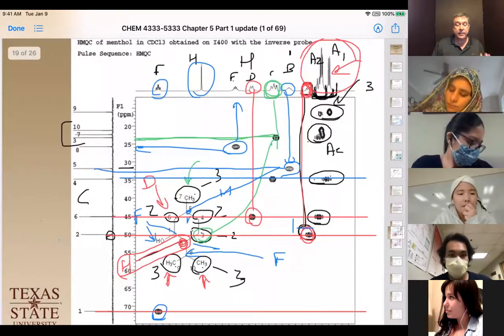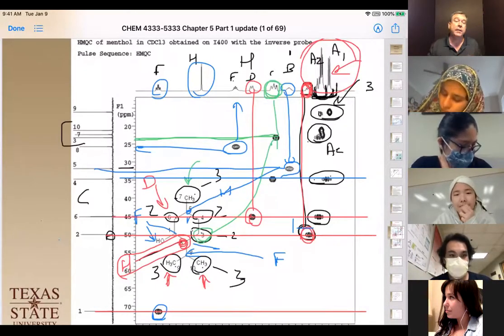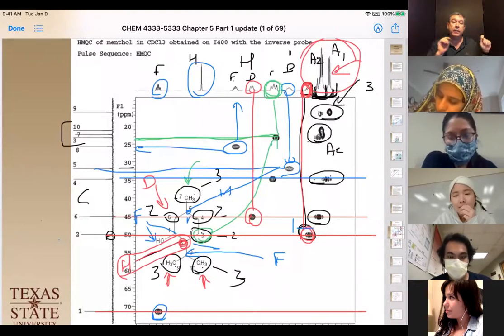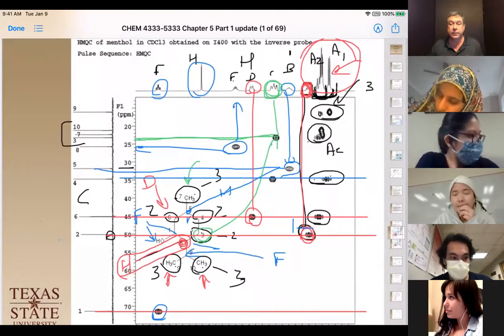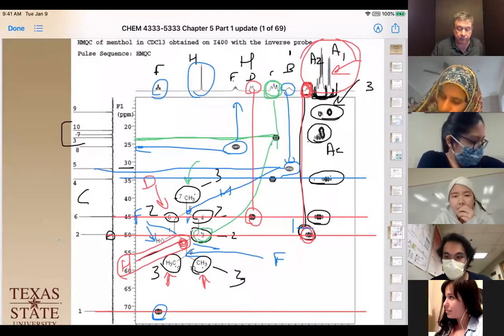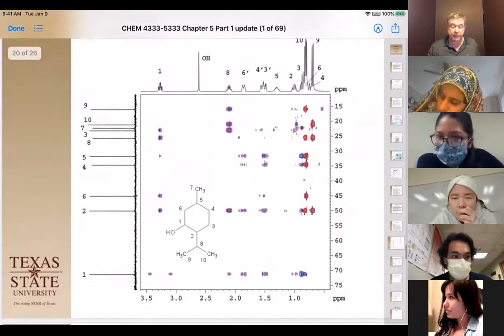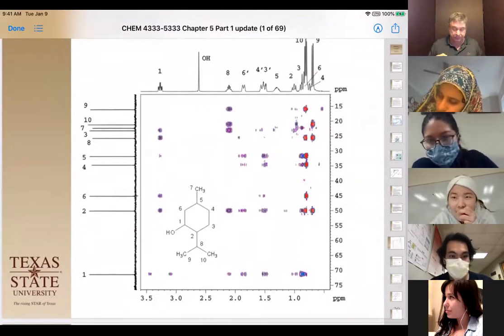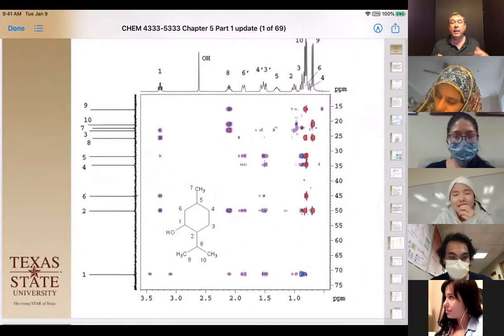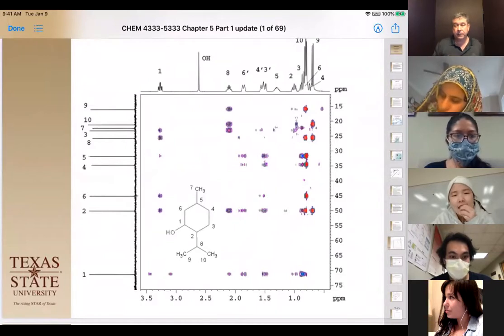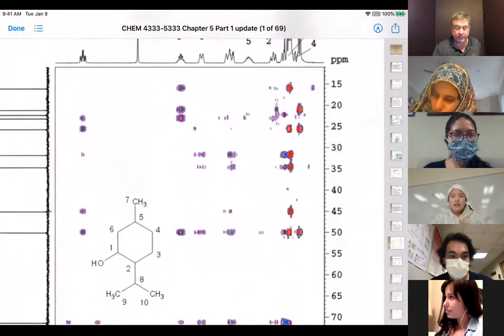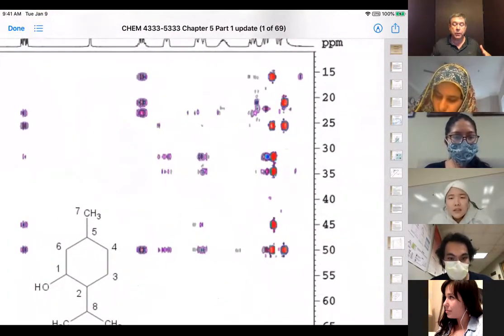So this is just that single bond correlation. It shows you just single bonds, that carbon is attached to those hydrogens. Okay. Now, if we do the multiple bond correlation, what we start seeing is something that gets a little more complicated. Here we have to worry about intensity. The ones that are more intense are the ones that are closest to single bond interactions.